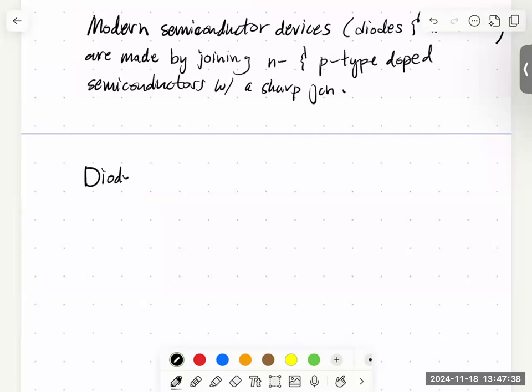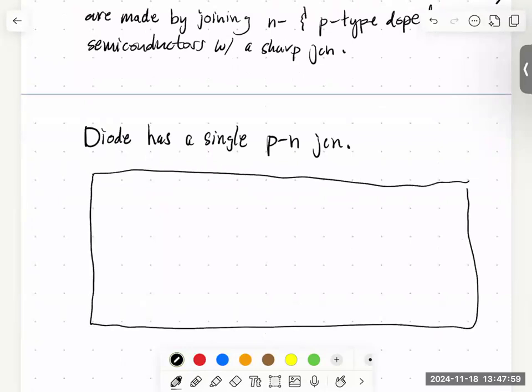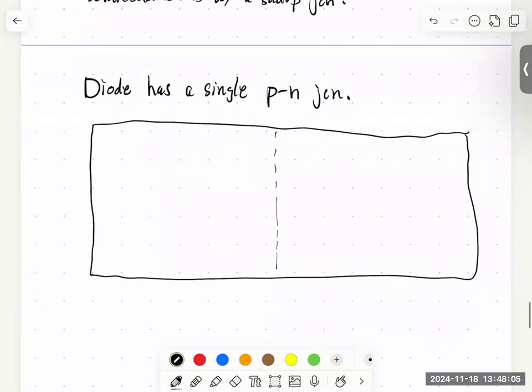So the diode has a single junction, called a PN junction. This will be a junction between a P-type and an N-type material. So let's try to draw a chunk of semiconductor, and this will be our junction.